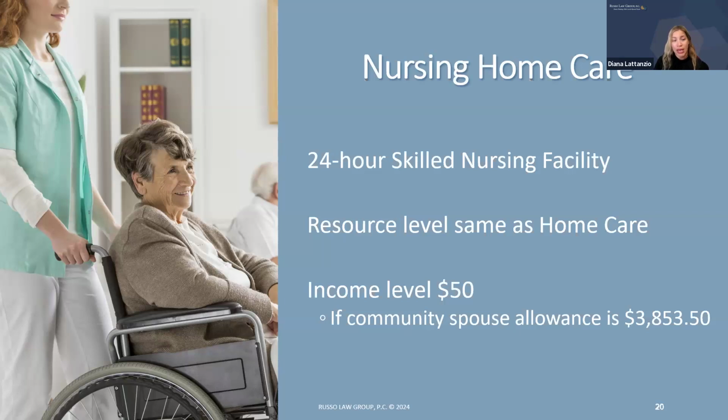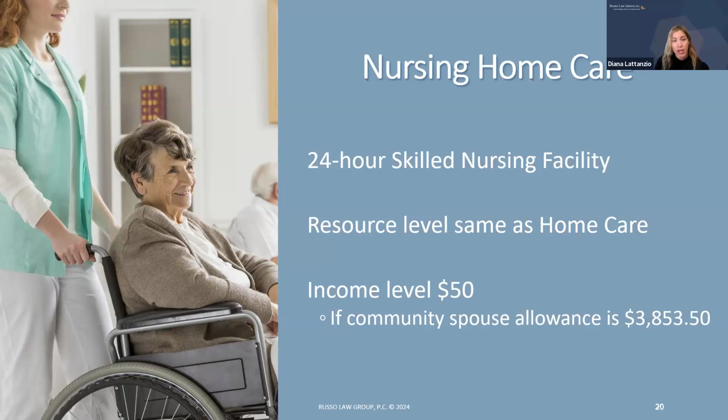And if you have a community spouse, so that means if you're a married couple and one spouse is sick and needs to be in a nursing home, but there is a well spouse that is still living in the community in the primary residence at home, then the income budget is adjusted to provide for that. So then the well spouse is allowed to retain $3,853.50 in his or her income.